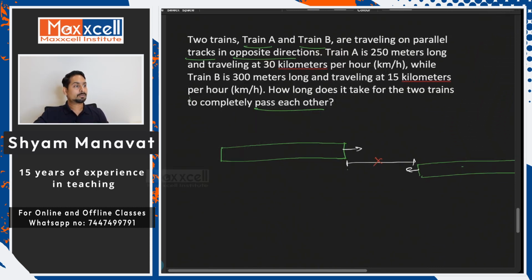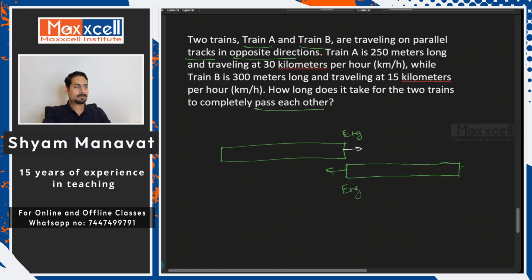So when you consider that a train is trying to pass another train, you have to consider that they are in this position. Since they are moving in the opposite direction, I have to consider engine here and engine here.